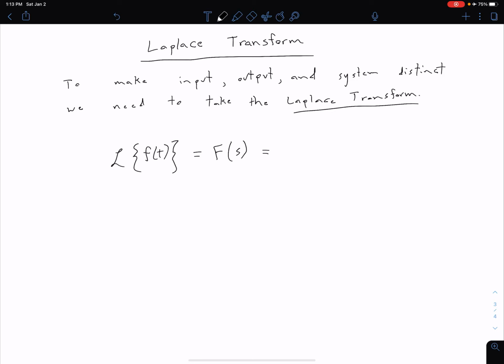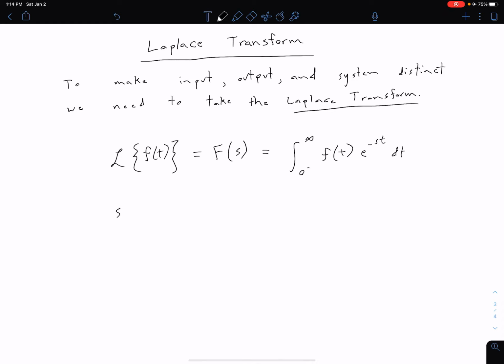And this is by definition for our one-sided Laplace transform equal to the integral from 0 minus to infinity of our function in time f of t times e to the minus st dt, where our s is equal to sigma plus j omega, and of course our j is equal to the square root of -1, so our j is our imaginary number, which means that this s over here is complex. So it has a real and an imaginary part.